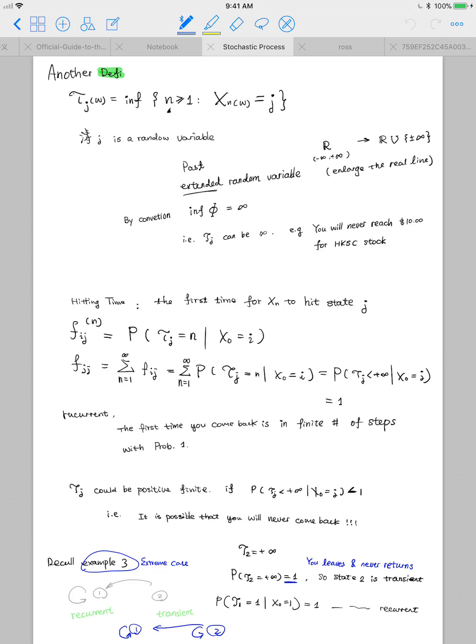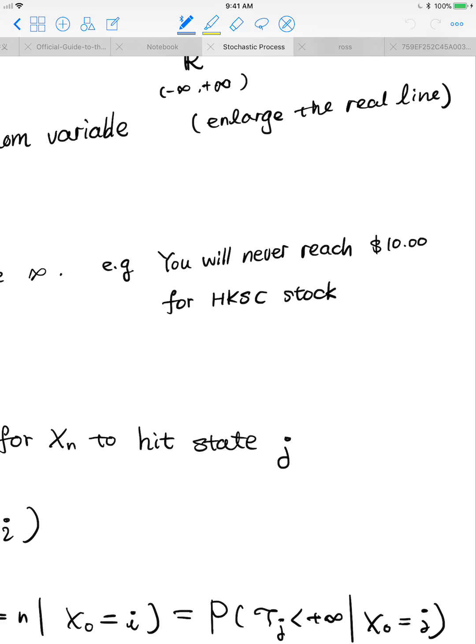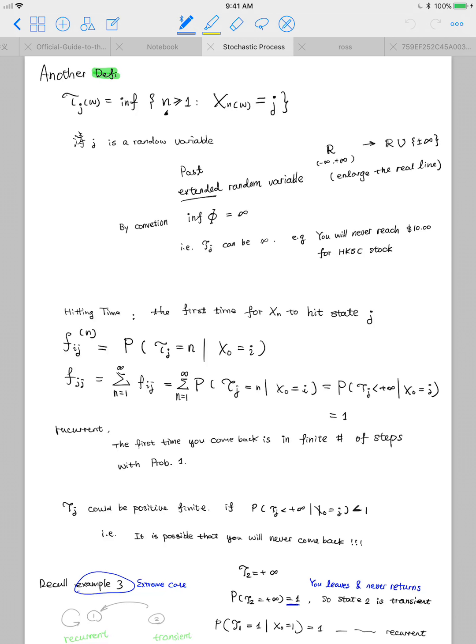Here we have infimum because it is possible that you will never reach it. And tau j is more accurately not a random variable but an extended random variable, because tau j could equal positive infinity. That means you will never reach that state. For example, the Hang Seng stock price will never reach, say, $1,000.